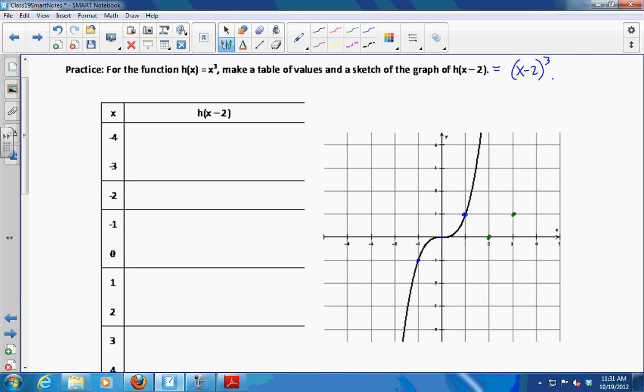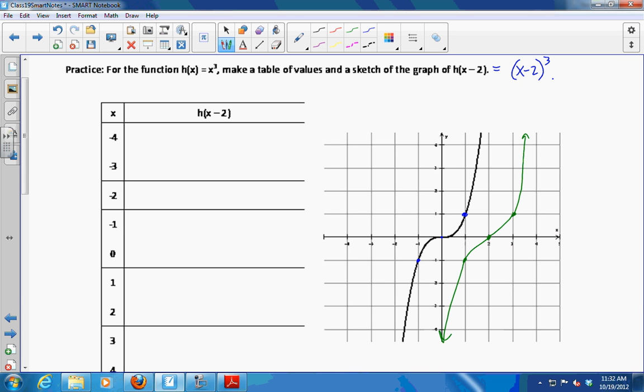Shift that 2 to the right, and it lands here. And then you could pick any more points if you want, but we're just going to copy the whole graph like that. Not very good, but we get the idea. So the whole graph moved right 2.